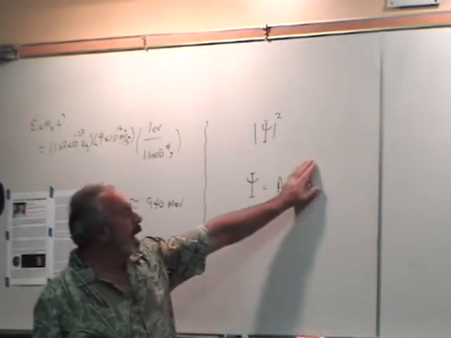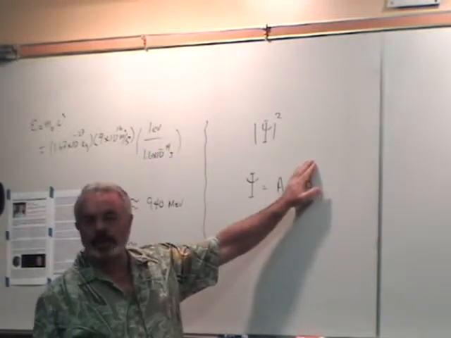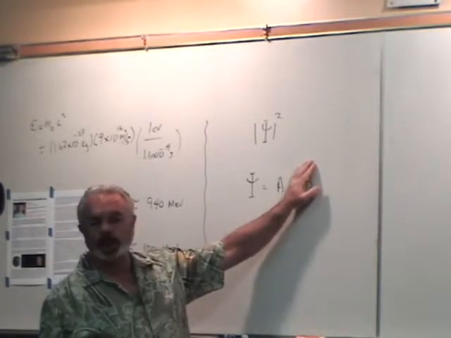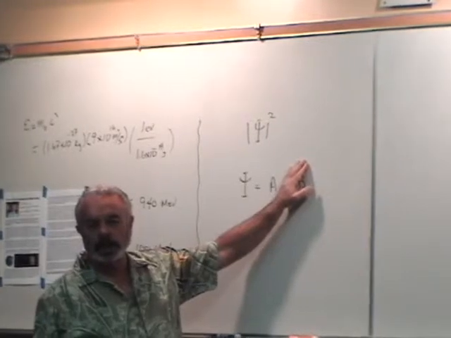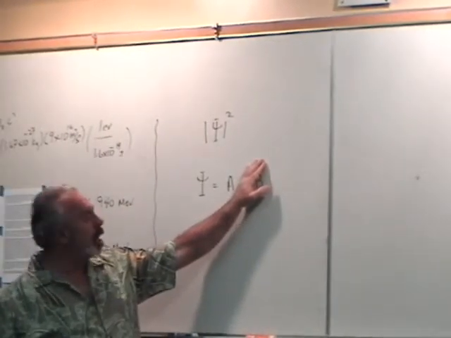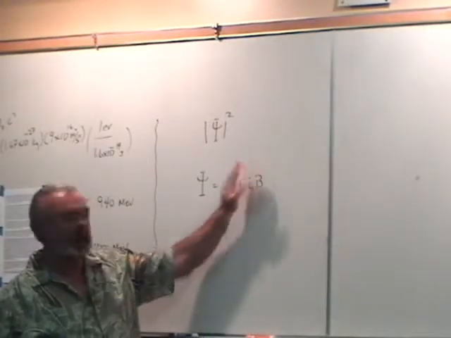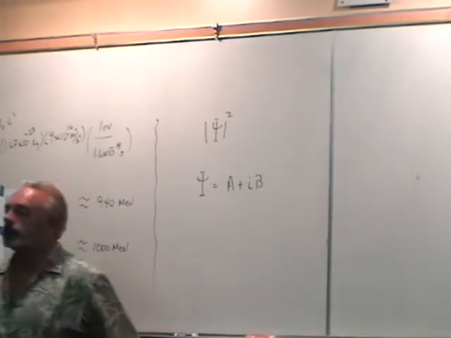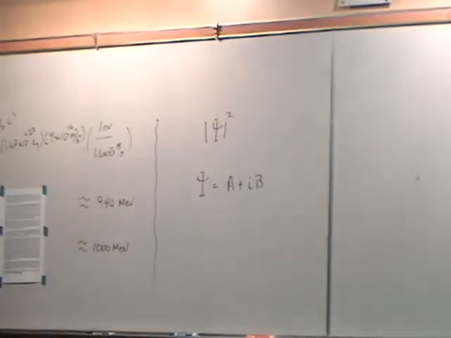In the past, we've been dealing with things that were strictly measurable. And if you want to think about waves, we were talking about waves that were strictly measurable, so it only had a real part. But now we're dealing with something that is not measurable, therefore it may retain its imaginary part. So psi could be a complex number.